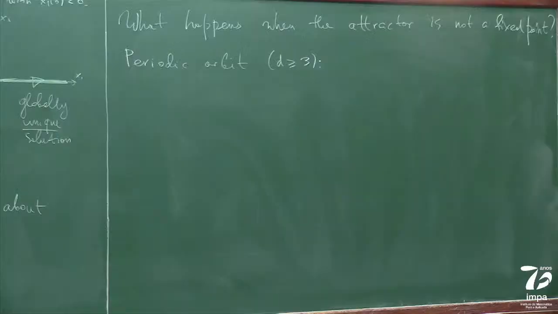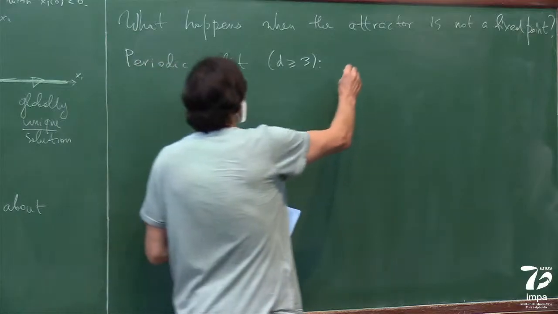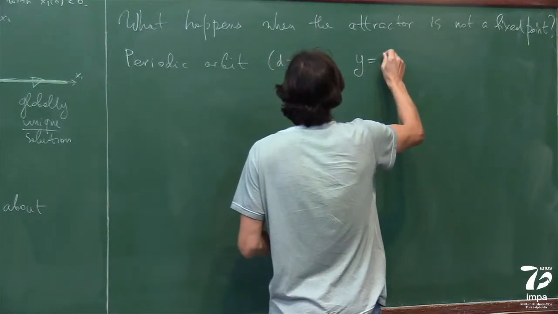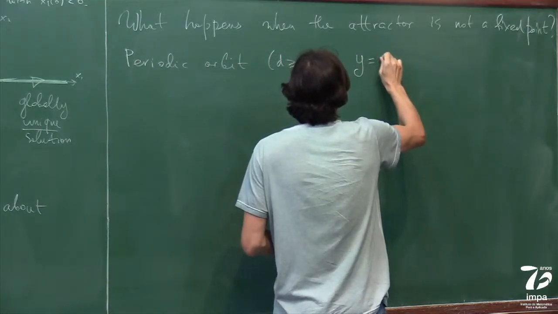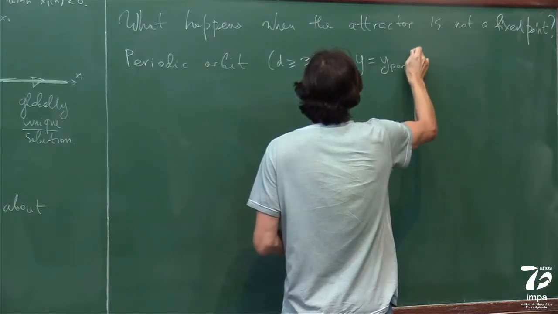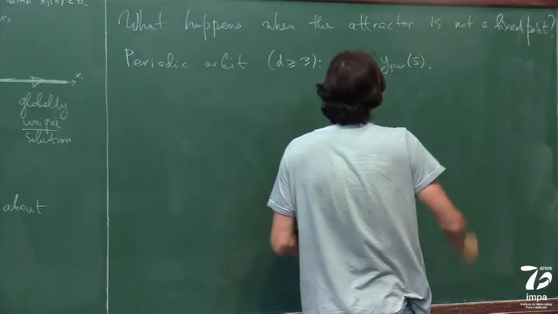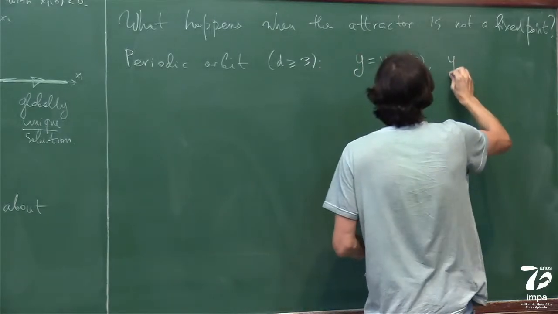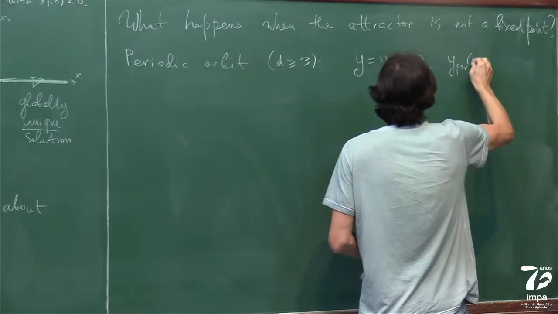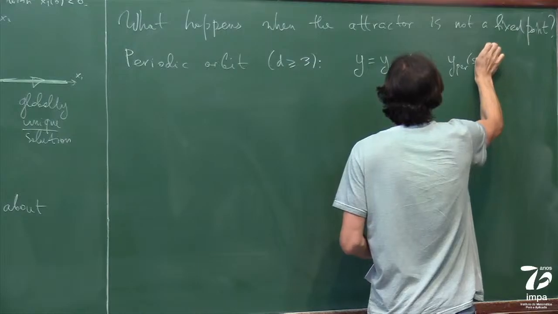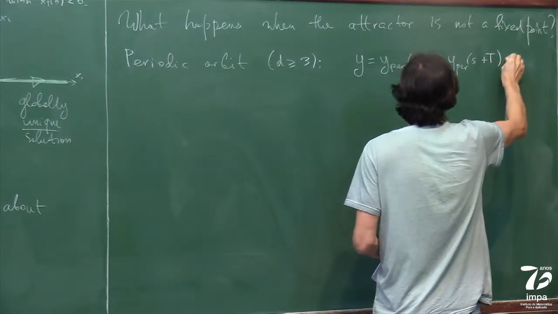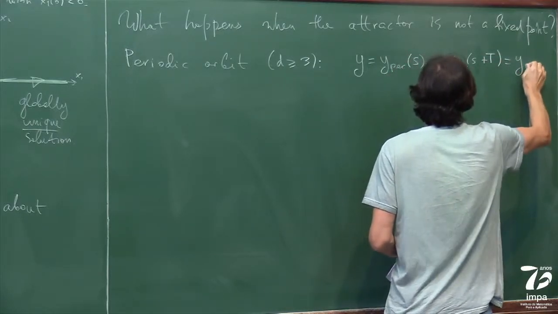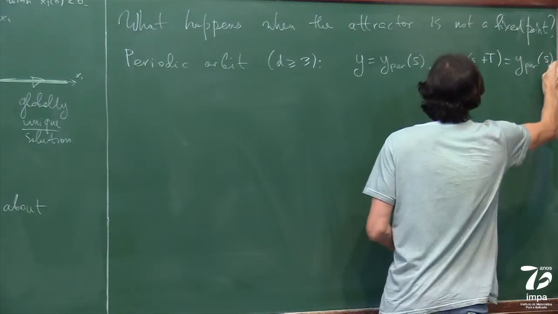So we have some solution, let's call it y equal y periodic. And periodic means that there is a period. So y periodic at s plus T, with period T, is the same as y at s.